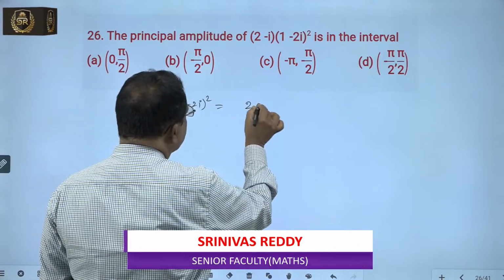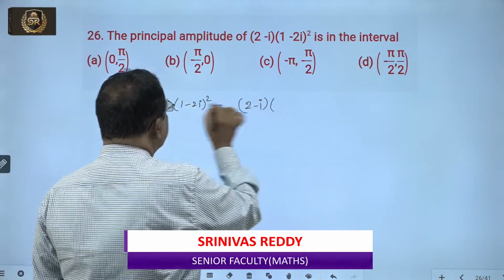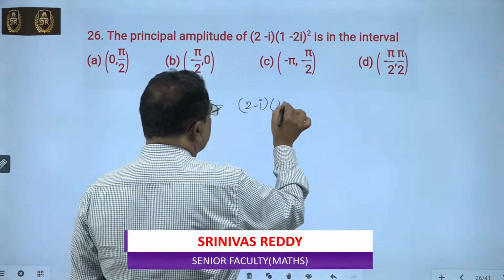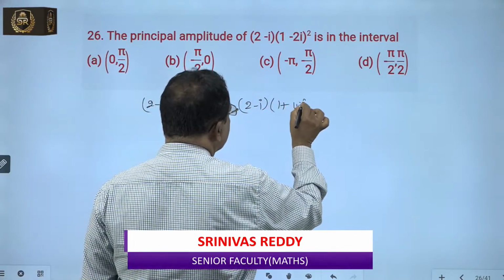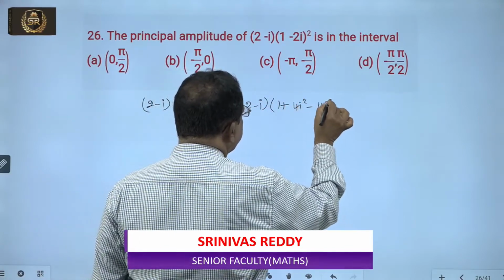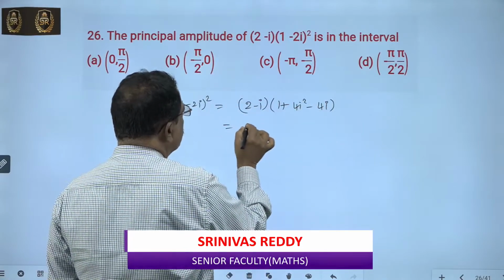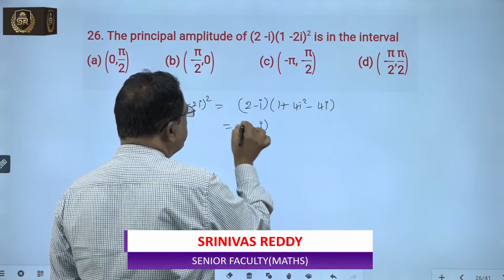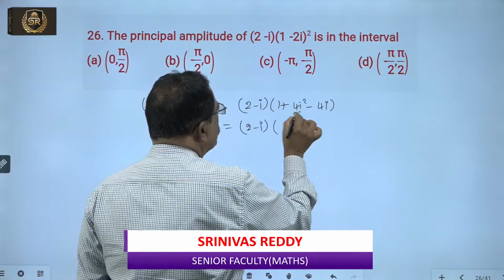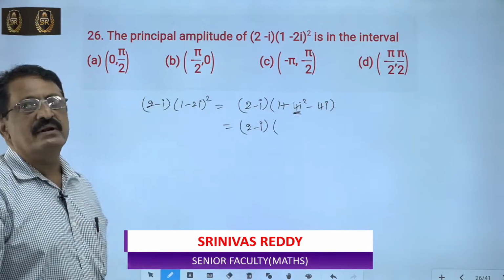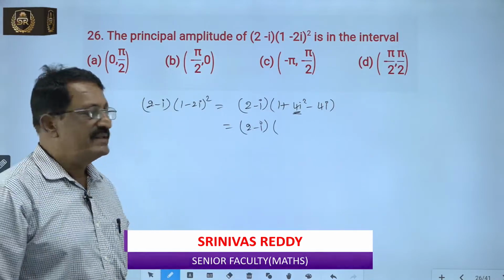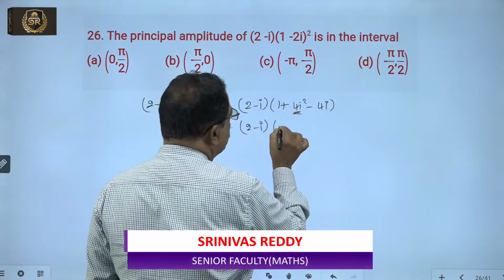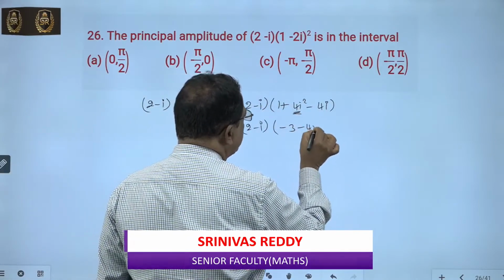Now 2 minus i into, using a minus b whole square, 1 plus 4i square minus 4i, that equals 2 minus i into, with i square equal to minus 1 so 4i square equals minus 4, 1 minus 4 is minus 3, minus 4i.